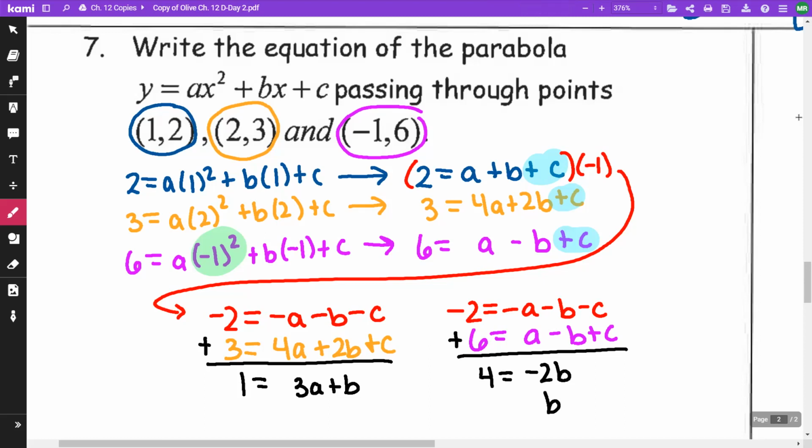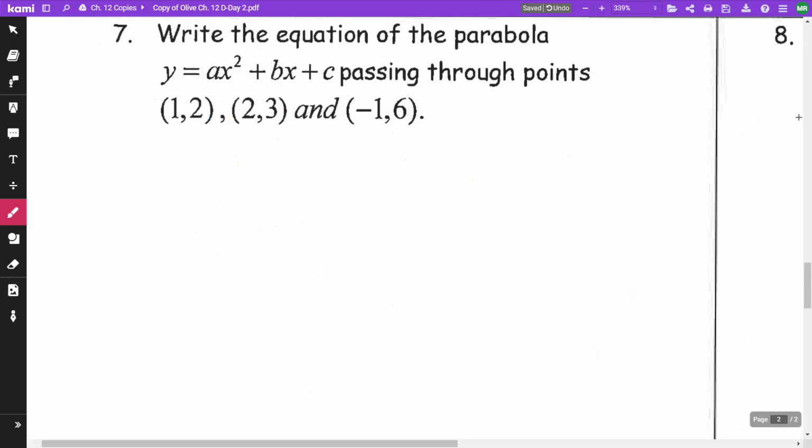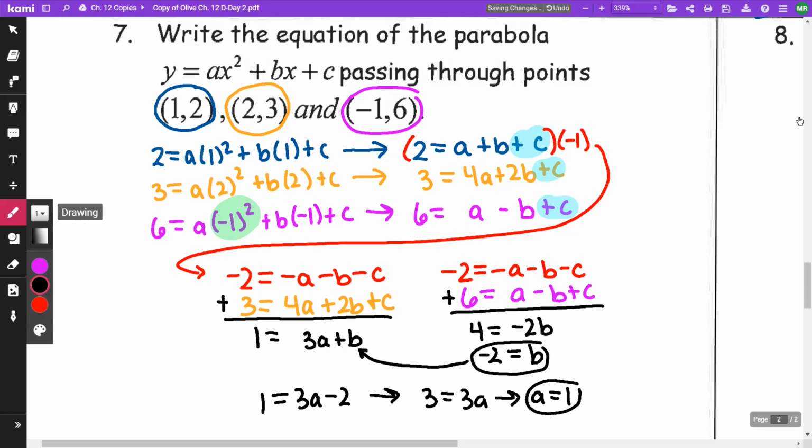So I actually am going to find my b here. My b is going to be a negative 2. At this point, I'm going to substitute that into this equation to find my a. So 1 is equal to 3a minus 2. I add 2 to both sides, so 3 is equal to 3a, and a is equal to 1. The last thing I need to do is find my c.